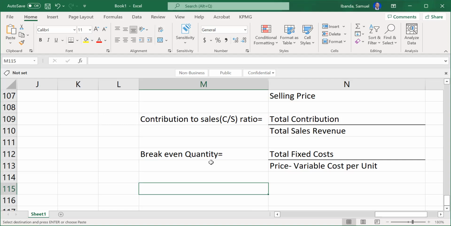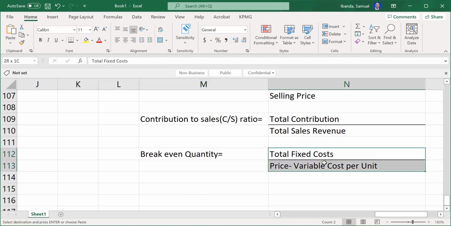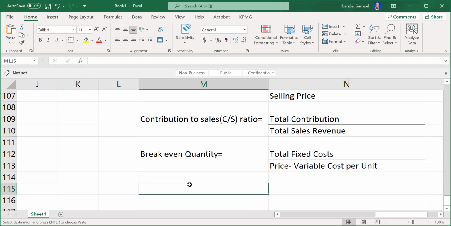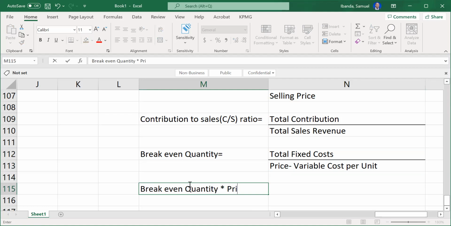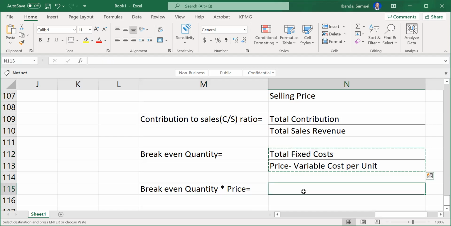So what is going to happen here? Let me multiply price this side and also multiply price this side. I'll have my break-even quantity times price is equal to, I also want to multiply this by price.